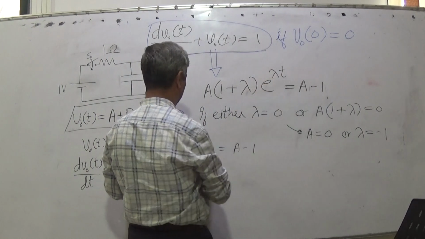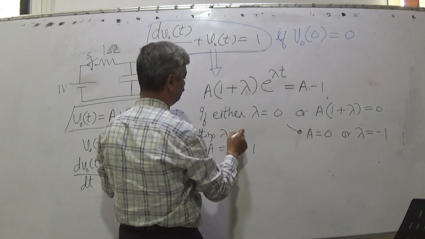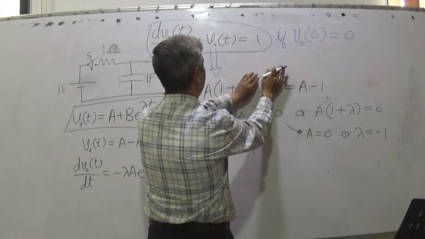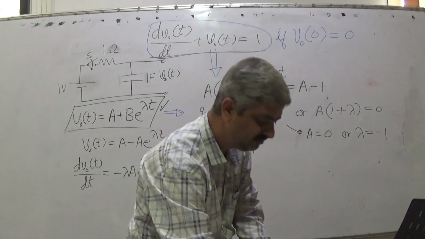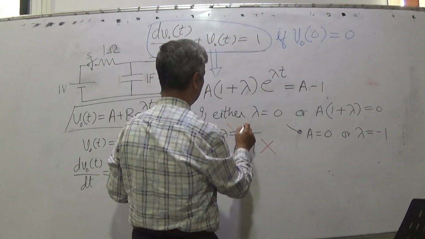Putting lambda equal to 0 leads to 1 equal to a minus 1, which is not possible. So lambda equal to 0 is ruled out.